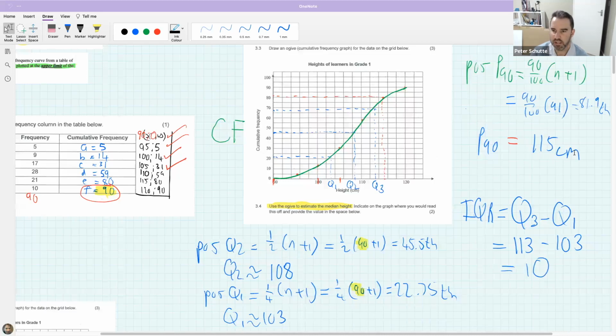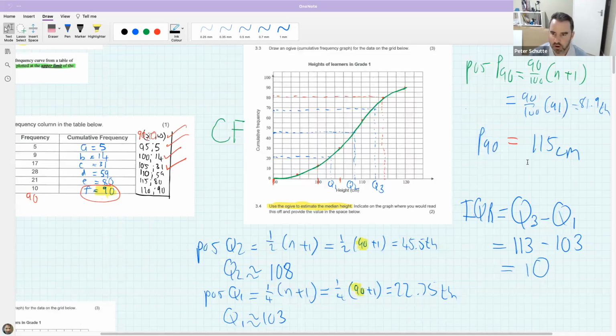And it also means that 10% of the students are taller than 115 centimeters. So that's how we interpret P90. What's below that is 90% of the data. What's above that is the 10% after that.